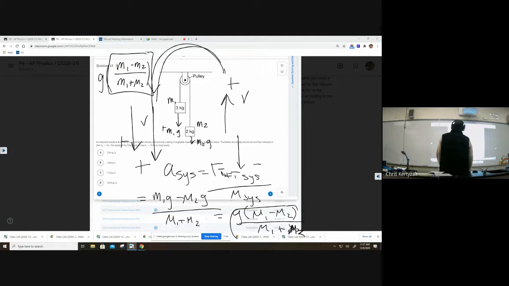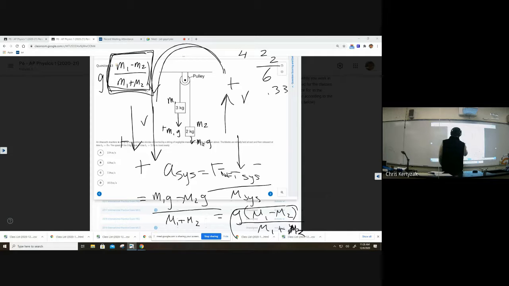Let's say the two numbers were, I don't know, 4 and 2. Adding them together gives me 6. Subtracting them gives me 2. 2/6 is a number that's less than 1, 0.33, right? So that whole thing here is just a percentage feature. It just provides you with a percentage of g.